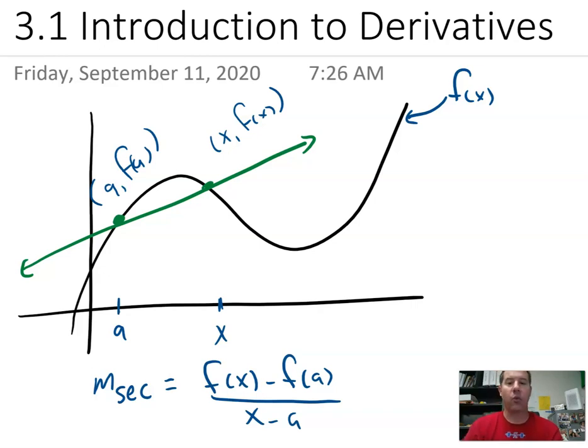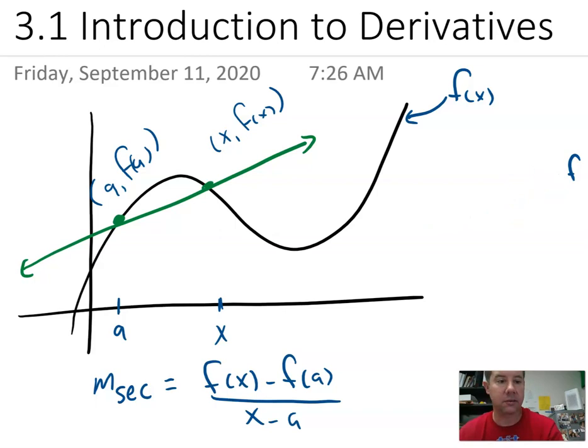All right, so if I wanted to use this to find the slope of the tangent line, what we said we're going to do is try to move this second point closer to the first point. So the slope of the tangent line, I maybe could say is, I'm going to look at the limit as x approaches a, as I bring this x-coordinate in closer to a, of these slopes. Not enough room.